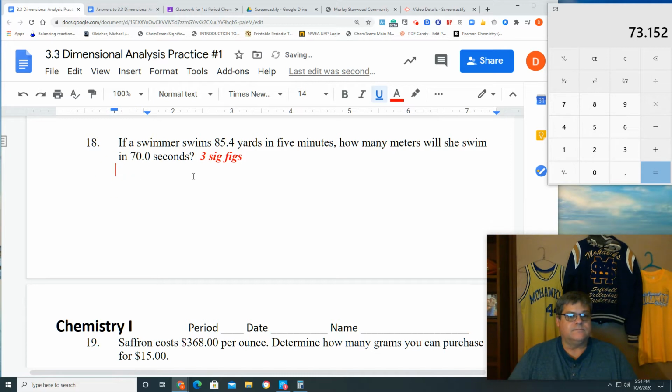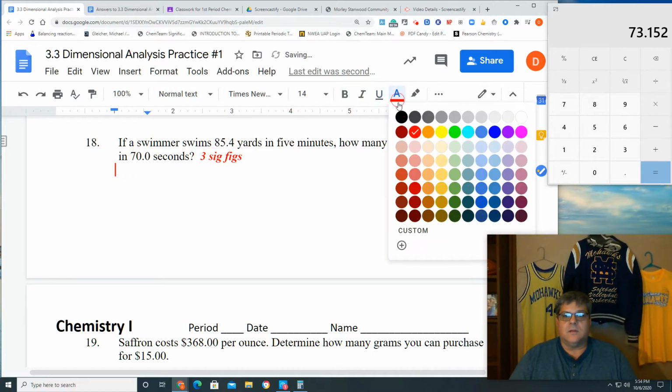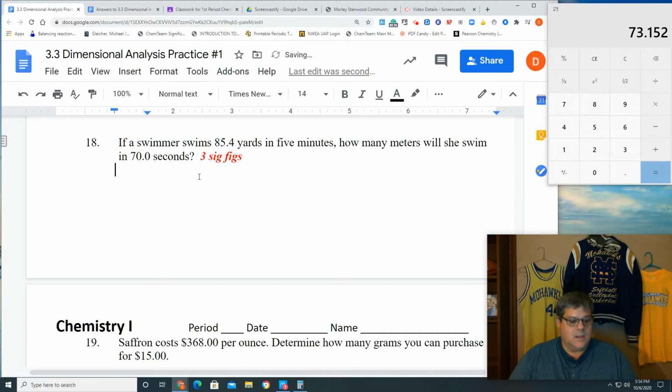So we're going to start off with our knowns and our unknowns. Our known is 70 seconds. Now again, I didn't put that in the correct number of figures because I'm not worrying about it right now.